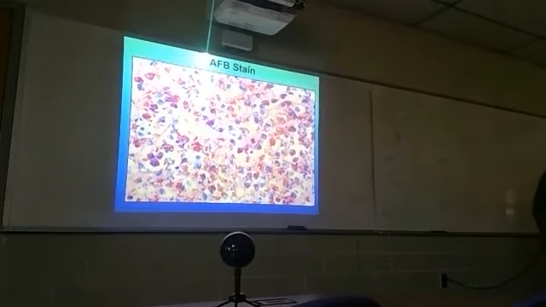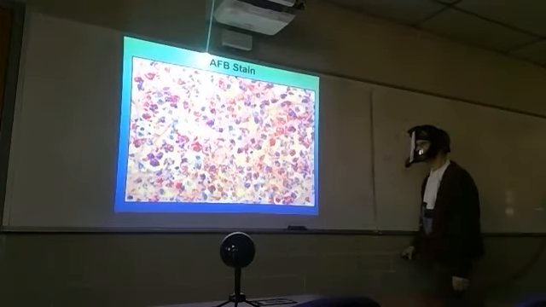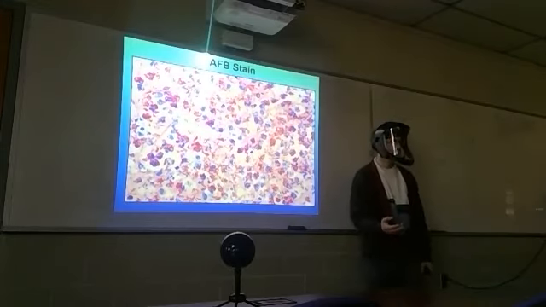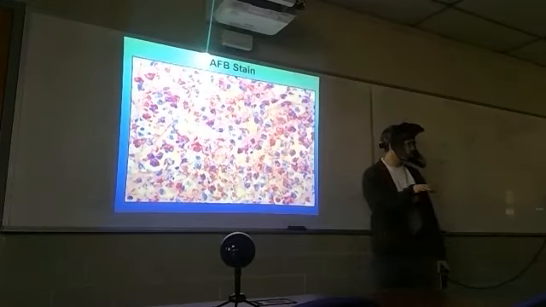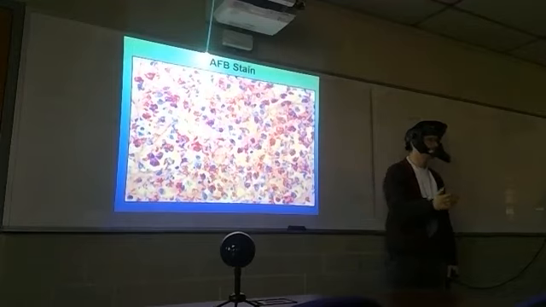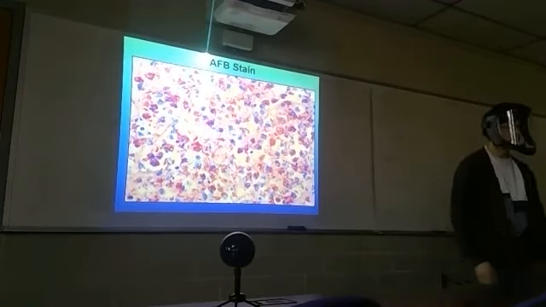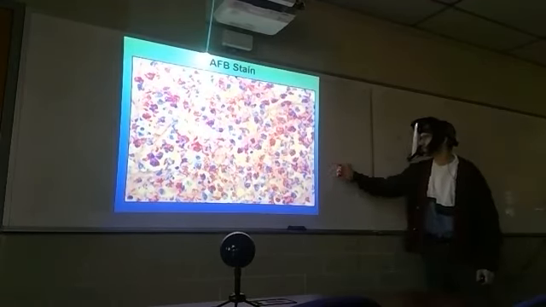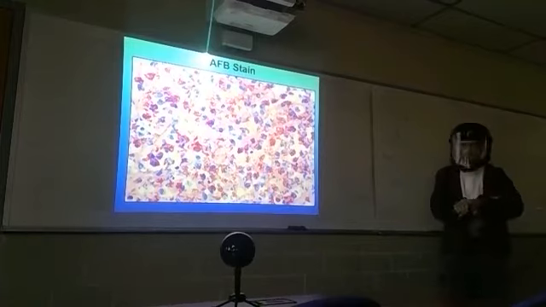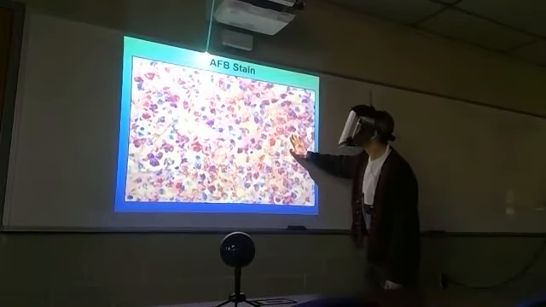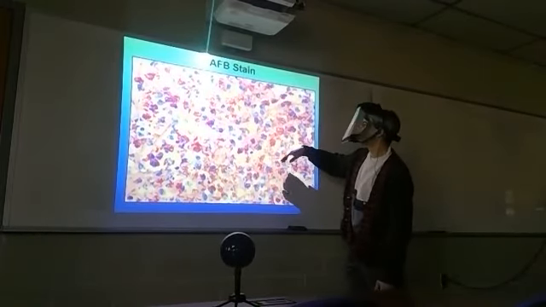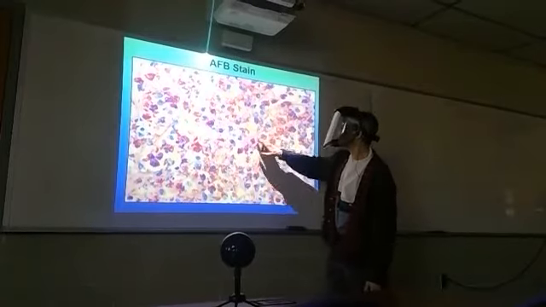Because of the odd staining characteristics of the organism, it's actually easy to identify in tissue by using something we call an acid-fast bacillus stain, or AFB stain. AFB stain is a 2-chromogen stain. It's got this red carbol-fuchsin that stains the organism red, and it's got this blue counterstain that stains everything else blue. Now, here's a section through lung tissue that's infected with Mycobacterium TB. We have a lot of inflammatory cells here.